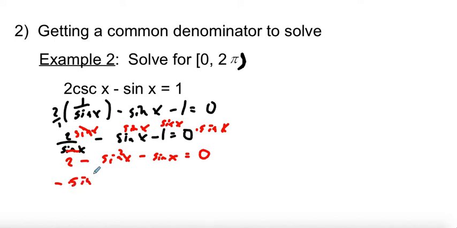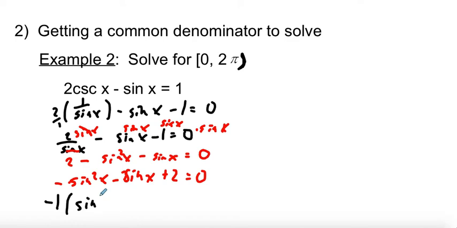Negative sine squared x minus sine x plus 2 equals 0. So again, I've got a negative here in the front. I could either bring them all to the other side to get rid of the negative as well. It wouldn't really matter, but I'm just going to pull this out here.